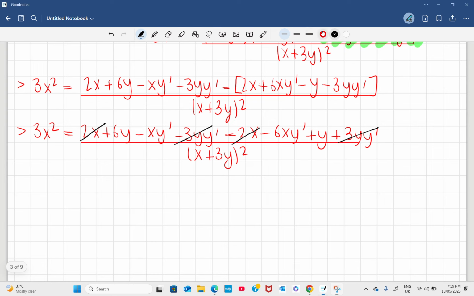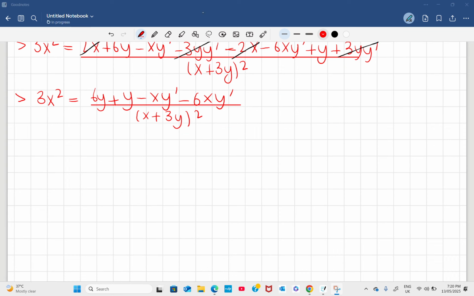Now one thing I like to do is writing the like terms next to each other so that I don't get confused. So I have 6y plus y, minus xy prime minus 6xy prime, all over x plus 3y all squared.